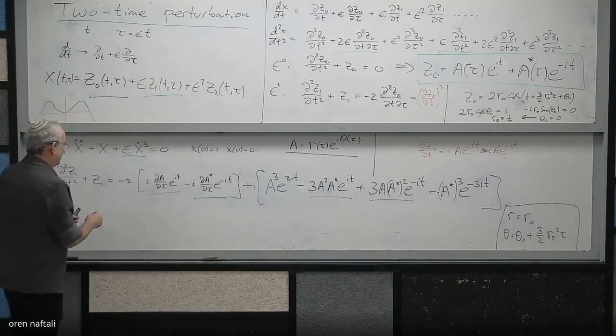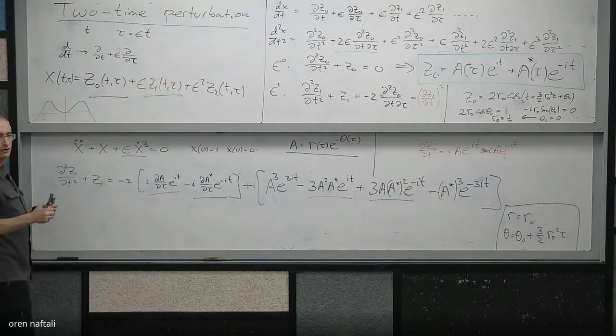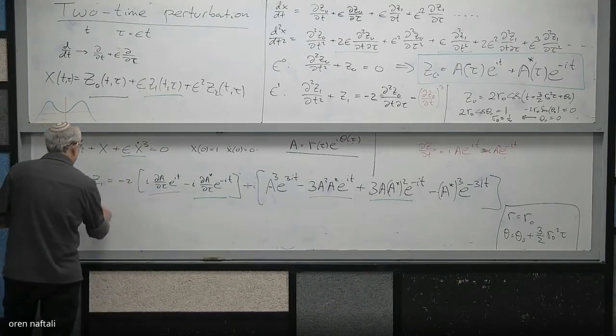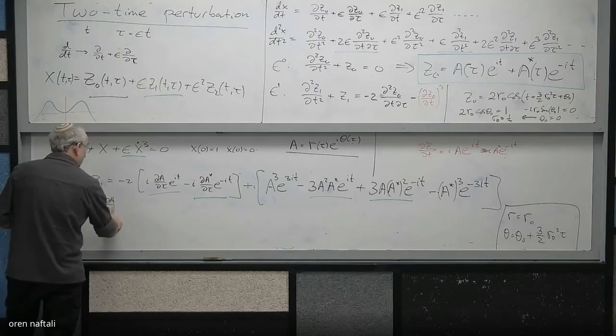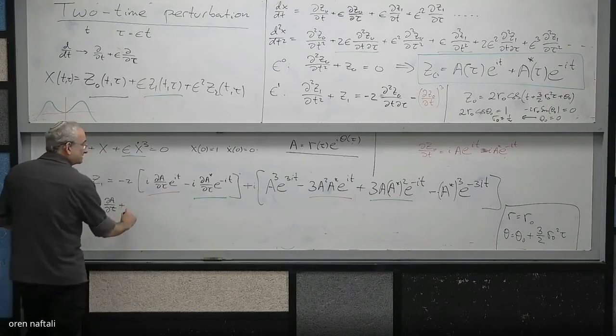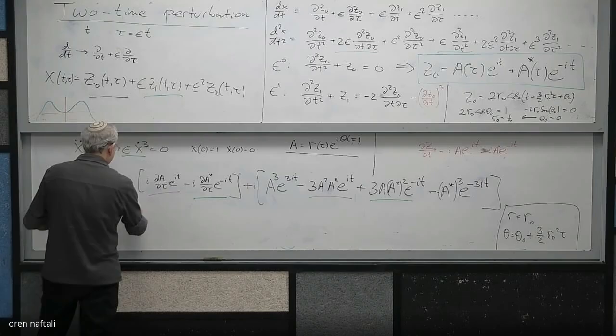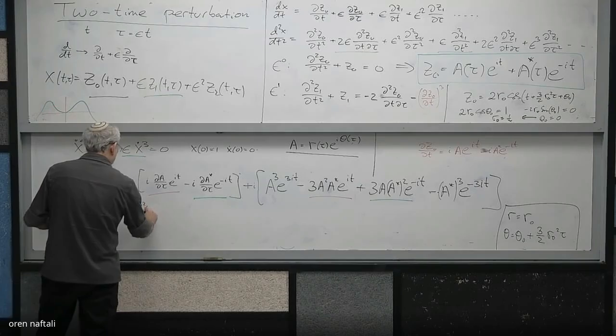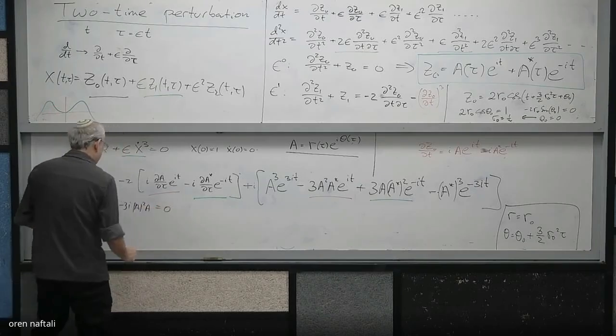What is the condition for no resonance? The no resonance condition is minus 2i da/dtau, I'm doing it with the green, with the yellow-red terms, plus i minus 3i |a|^2 a equals 0.